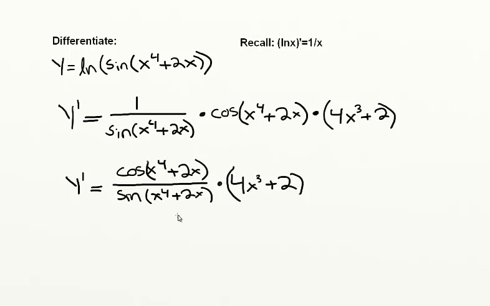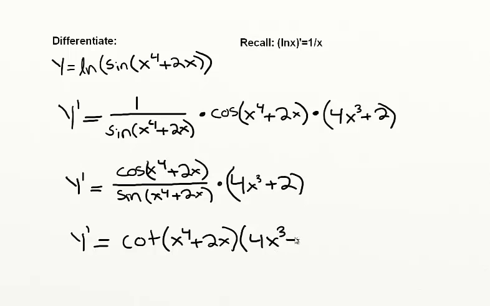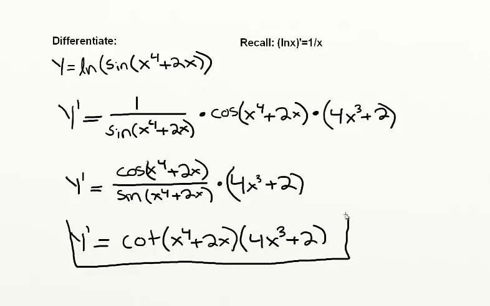And we'll notice that tangent is sine over cosine, so cosine over sine is cotangent. So this is actually cotangent of x to the fourth plus 2x times 4x cubed plus 2. And that's going to be our derivative in the simplest form.